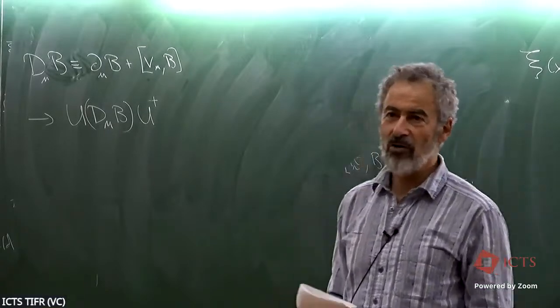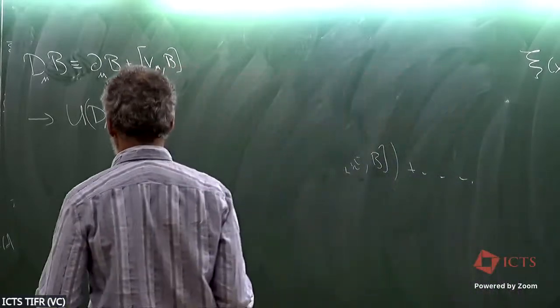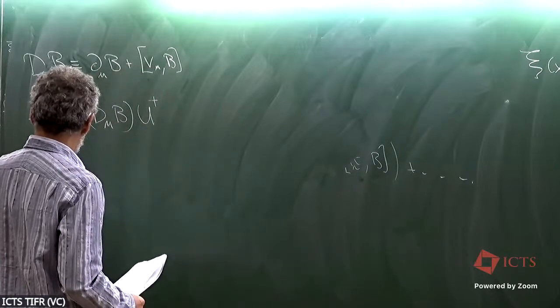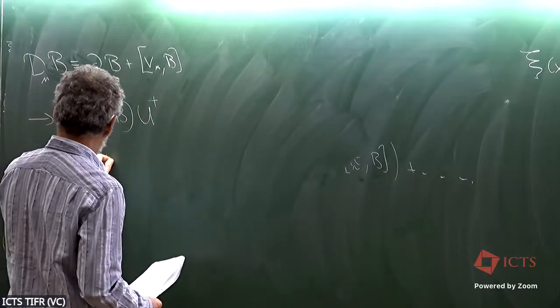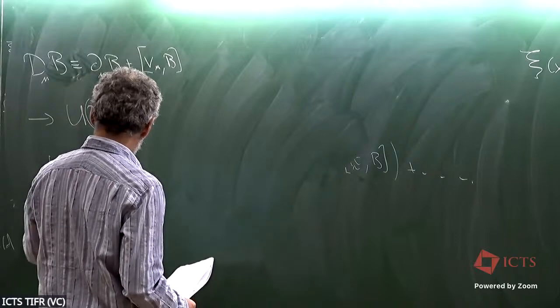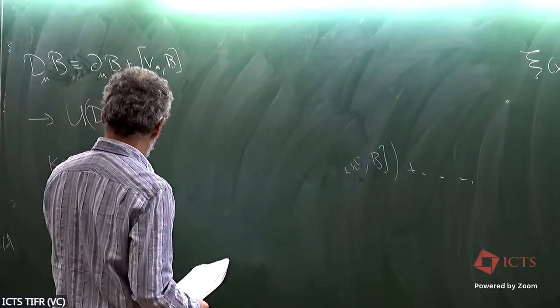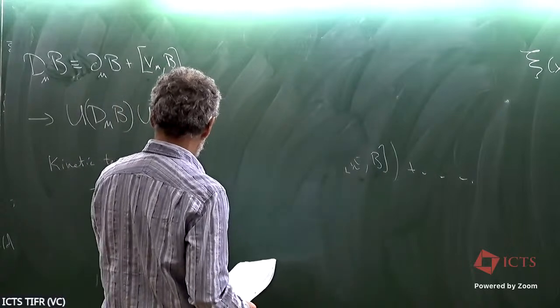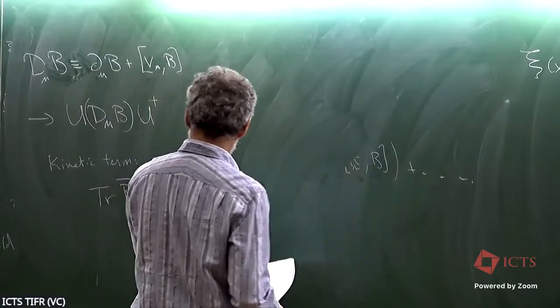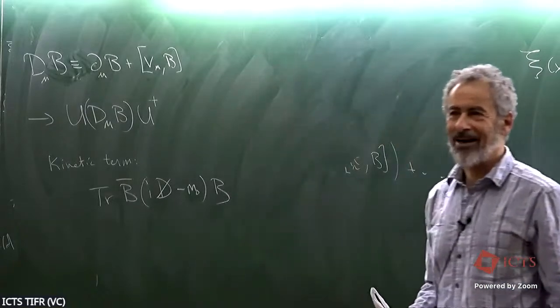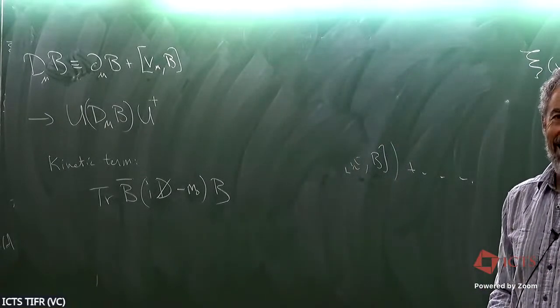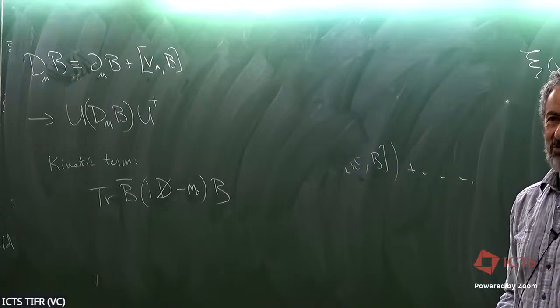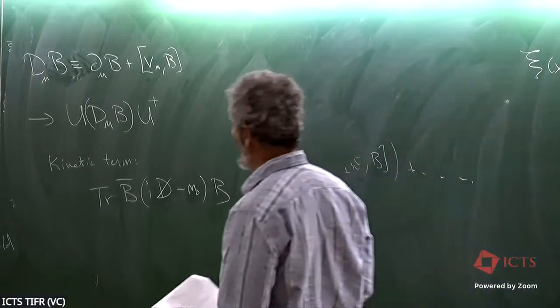So now we know how to write down an invariant kinetic term. Trace of B bar (i capital D slash minus M naught) B is my Dirac kinetic term, and it's got meson interactions built in because it's got this V field in there.